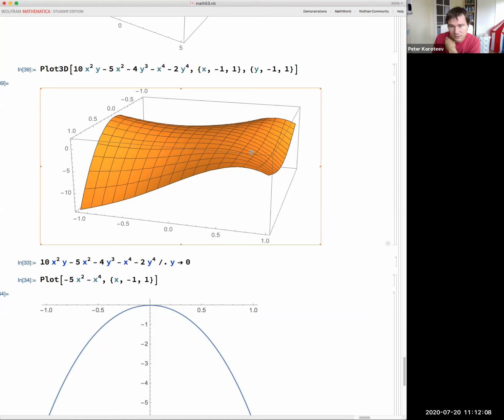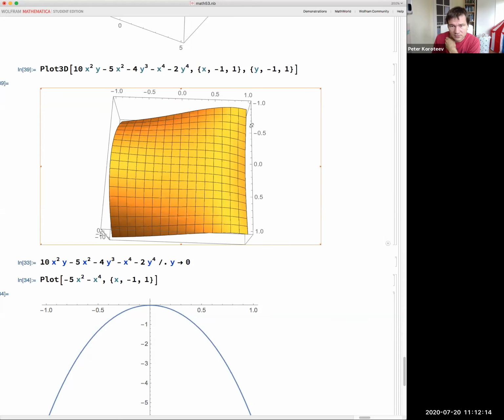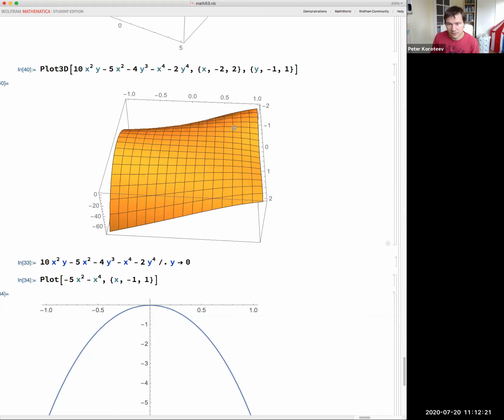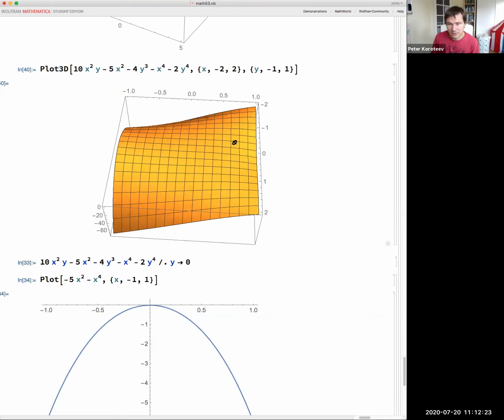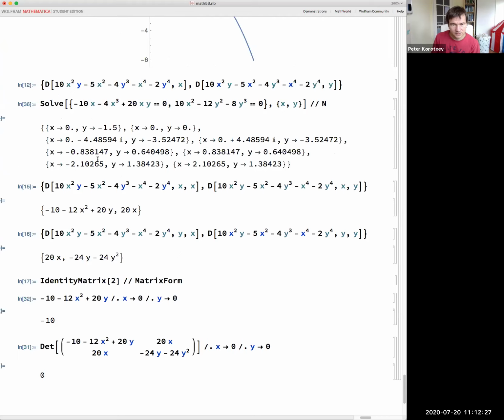Yeah, I think these are some points, right? If you look at this from above, the x value, so what were they? x is equal to plus minus 0.8 and y is plus minus 0.65.